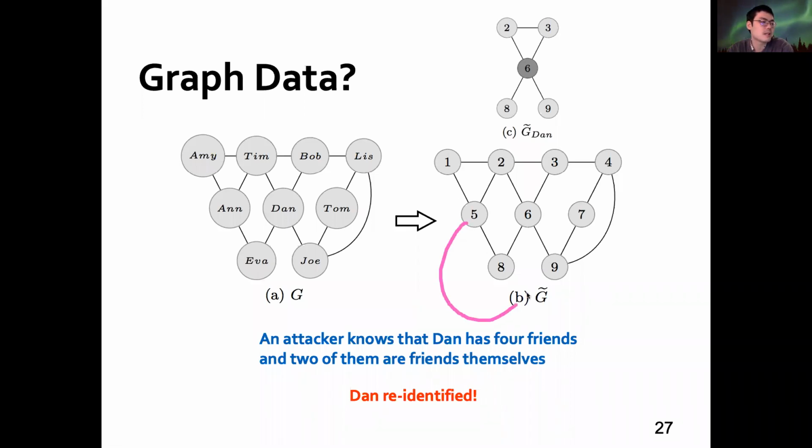So we make as small a change as possible, so this data is still useful. Maybe some inaccuracy or noise is introduced, but still useful. If we do this, then 1 and 2 are friends of each other, and 5 has 4 friends. Then you never know whether it's 5 or 6 if you release this graph. Dan could be 5, Dan could be 6.